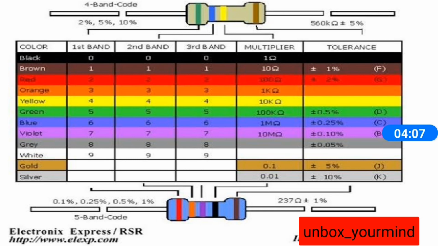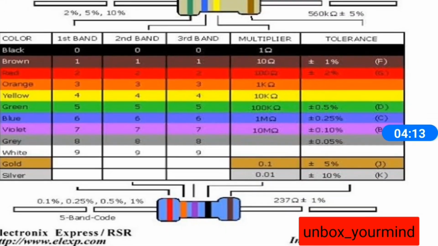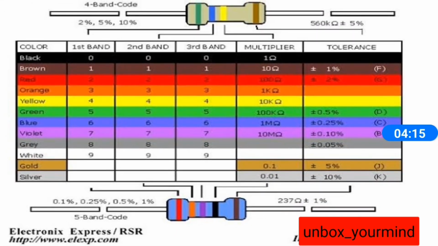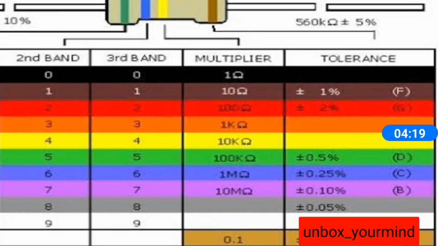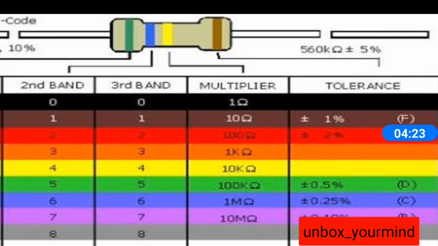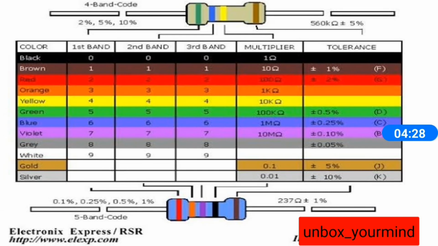In the 4-band code the third band is your multiplier, so yellow gives 10k. So the resistance of the resistor is 56 times 10k, that is 560k ohm. And finally the tolerance band, which is gold here: gold means 5% tolerance, and silver means 10% tolerance.